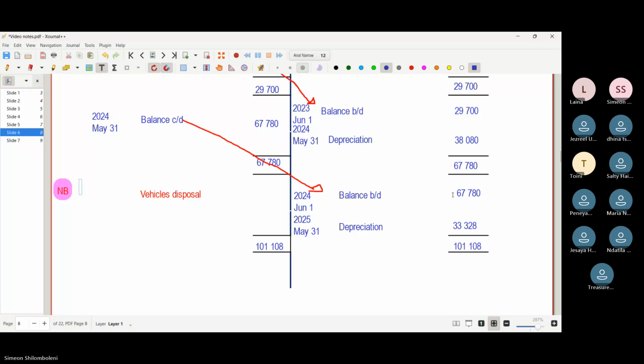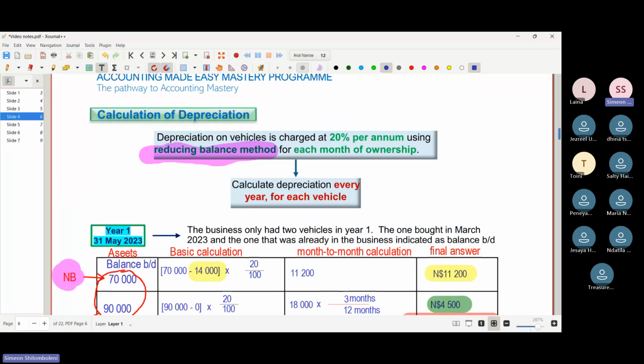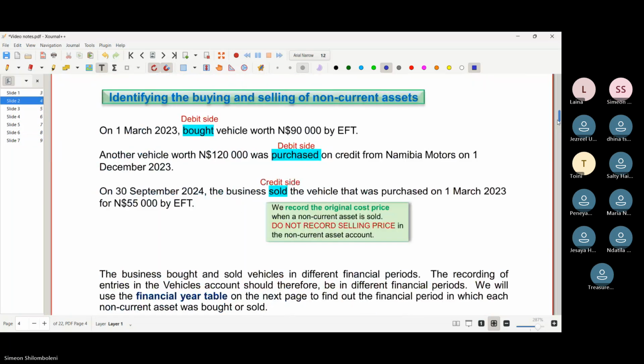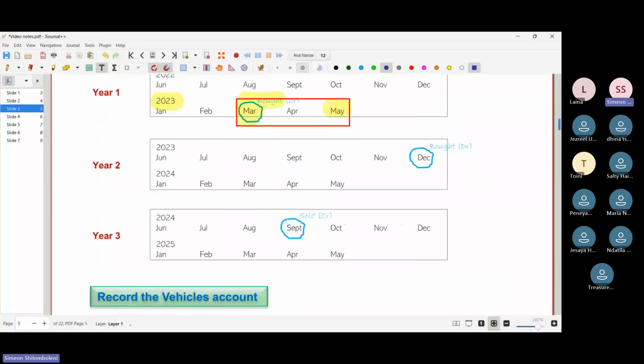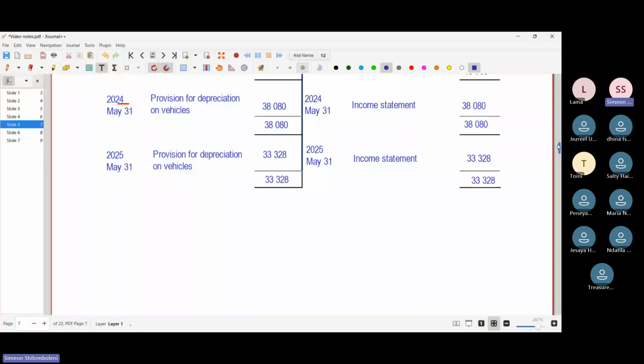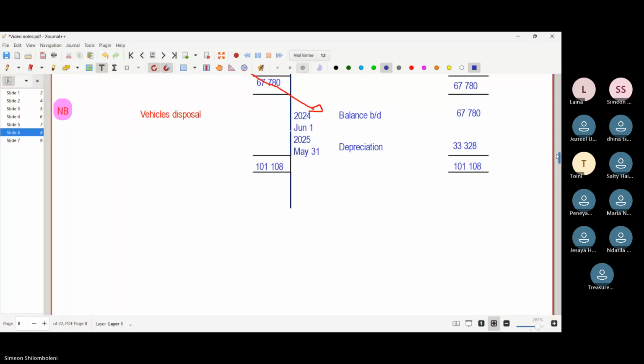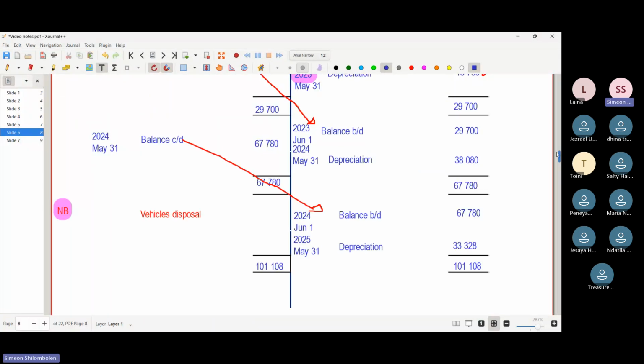If we go to the exercise: on 30 September 2024, the business sold the vehicle that was purchased on the 1st. So we sold it on the 30th of September. So you come here and you write the date when it was sold. So it's 2024 September 30th, vehicle disposal.